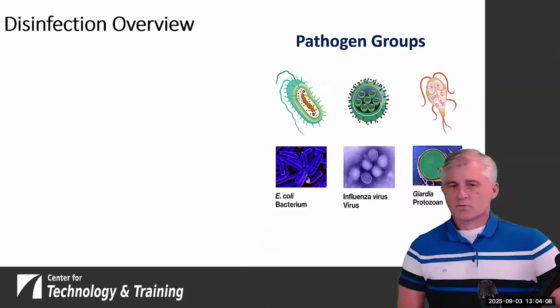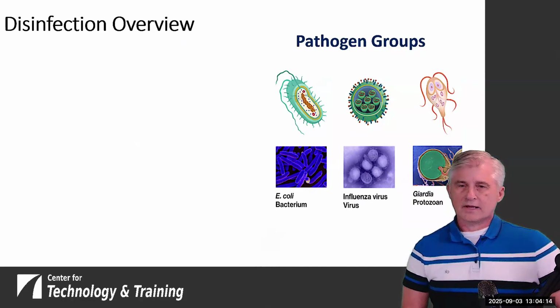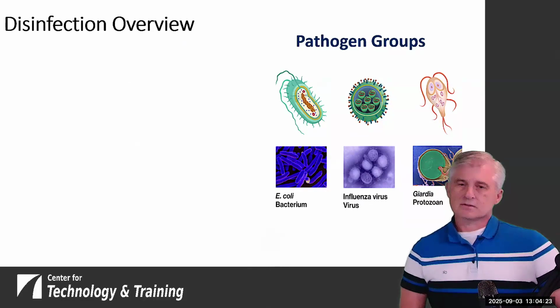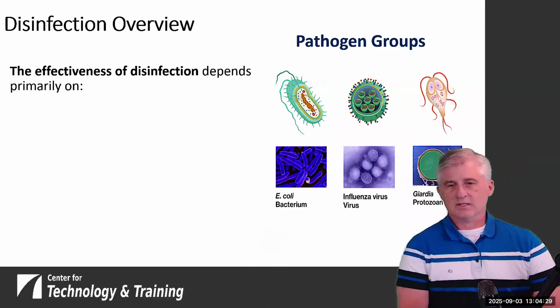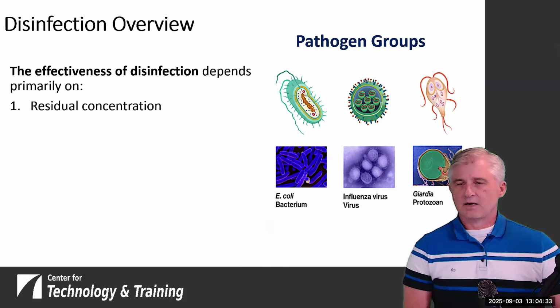So what does disinfection take care of? There are 3 pathogens that we aim to kill, remove, or inactivate from the water. Those are bacteria, viruses, and protozoans. Now, how effective disinfection is depends primarily on 2 things.